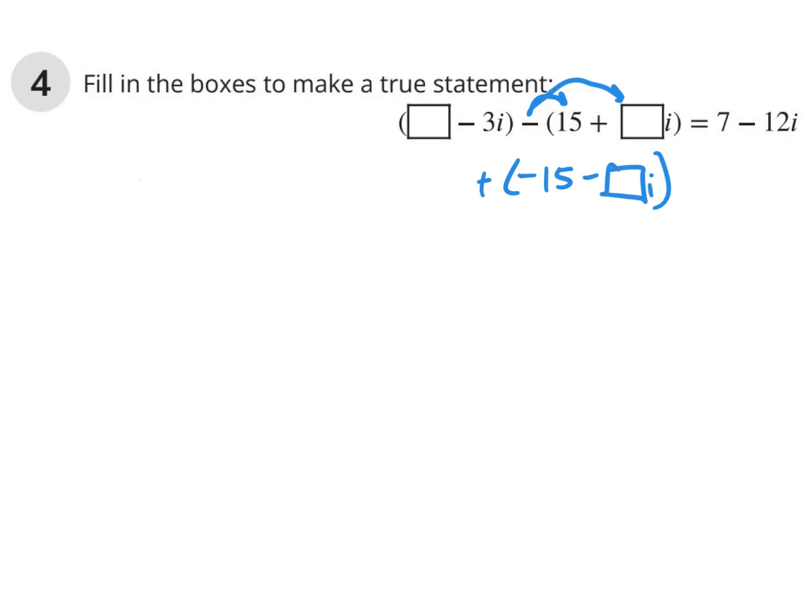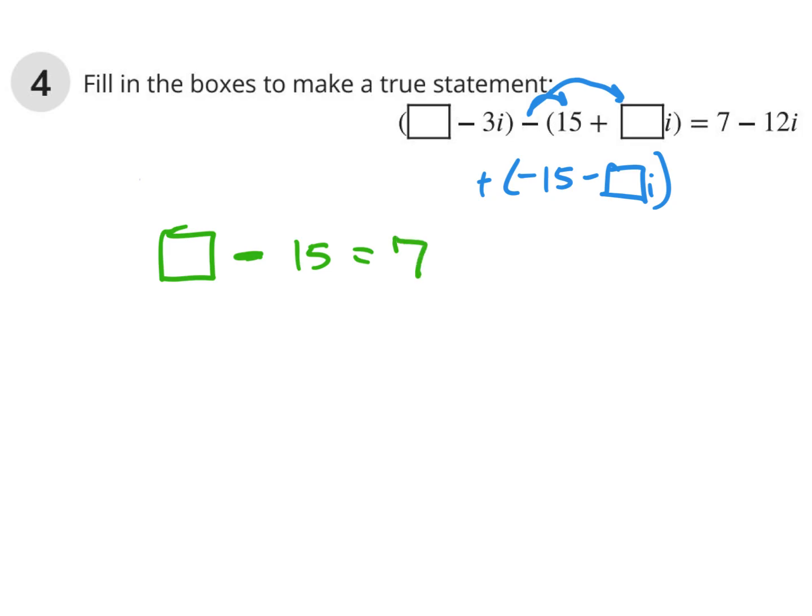All right, now that we've done that, we're going to separate the reals with the reals. So box plus -15, or -15. So I'm going to get rid of the two signs, write one sign, and write -15 equals 7.